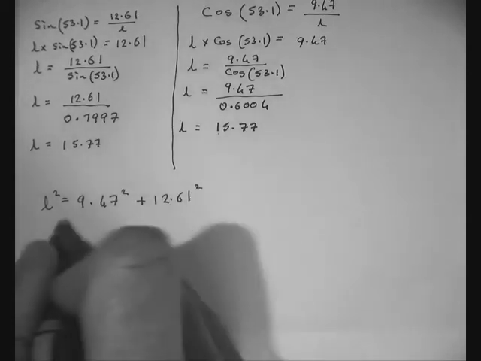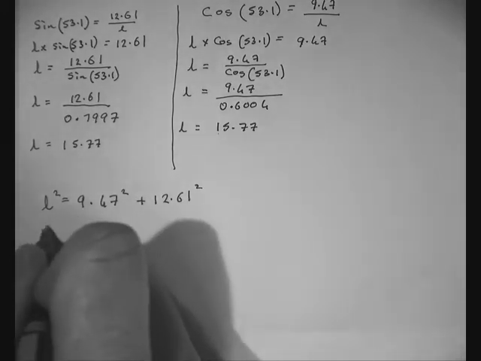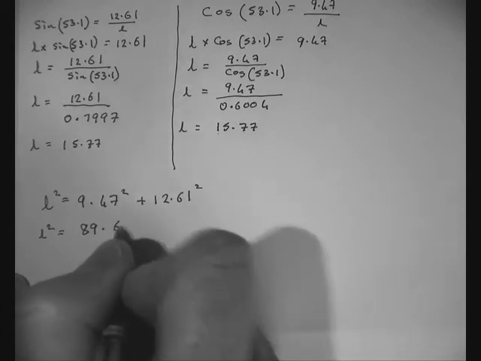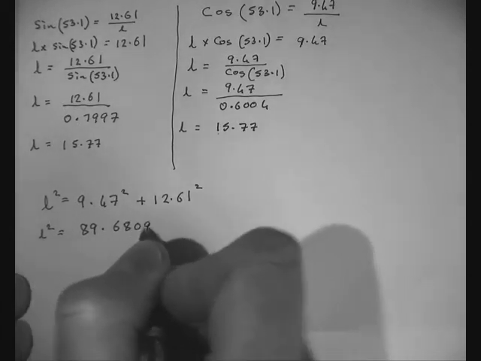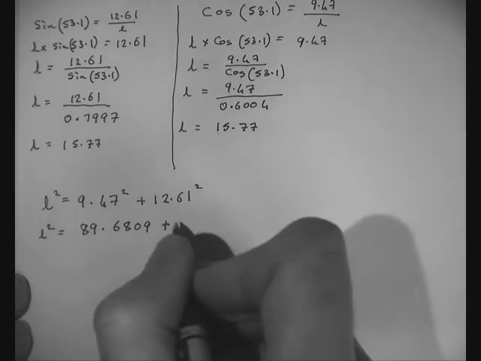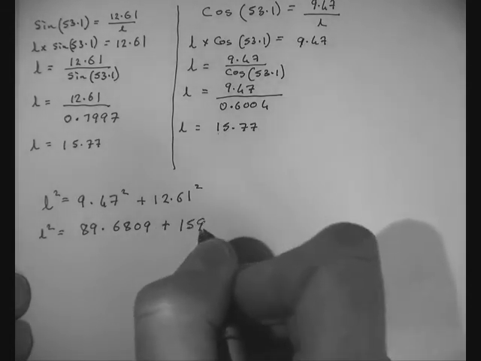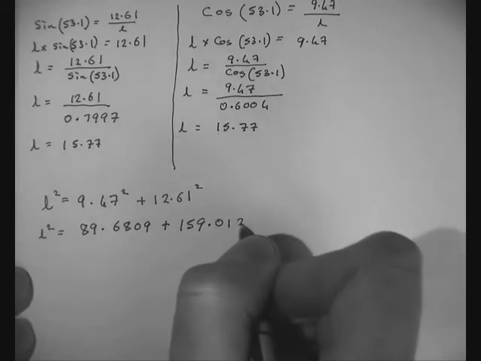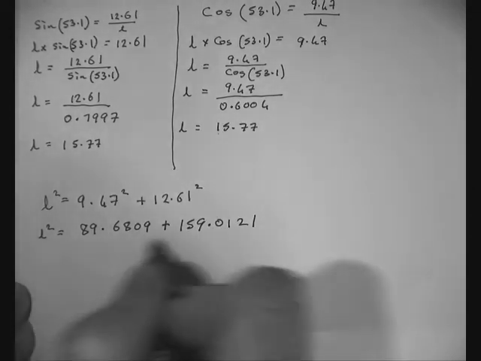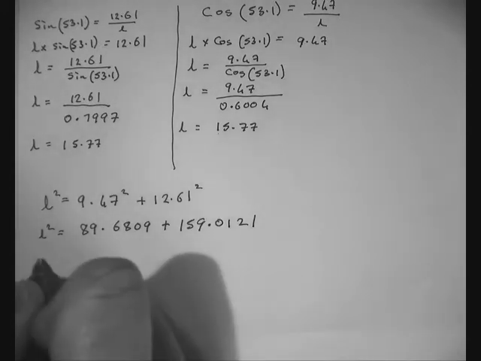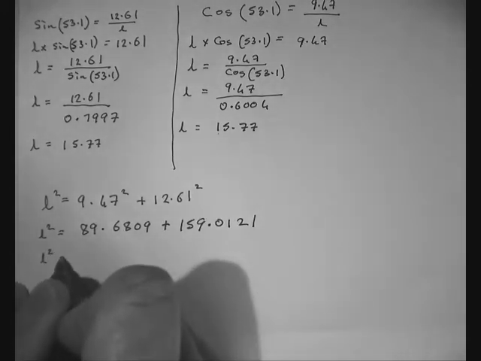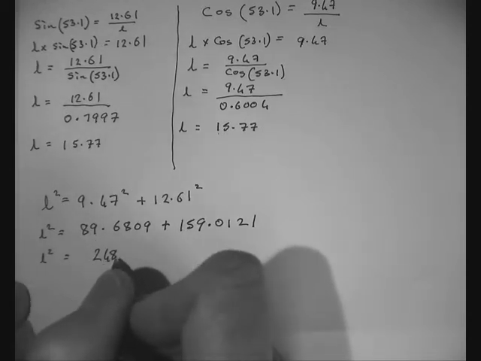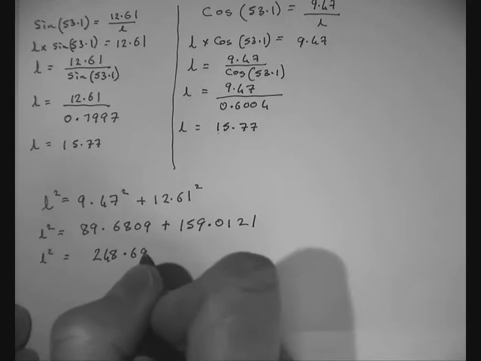Do the calculator work and square these up. So we have L squared is equal to 89.6809 plus 159.0121. Bit of calculator work. Sum those 2 together. L squared is equal to 248.693.